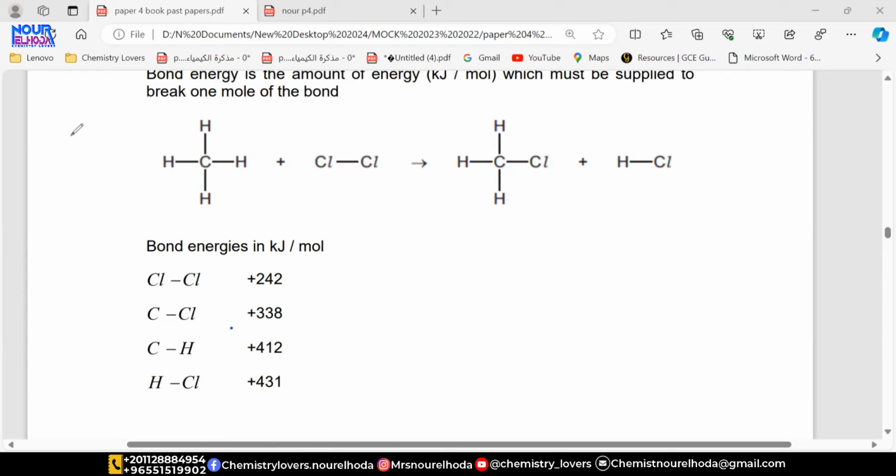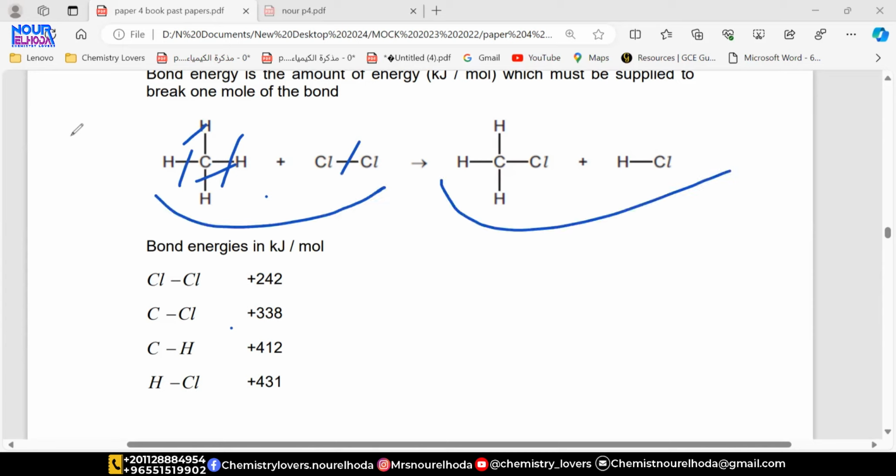Once again, how much energy is required to break the bonds of the reactants, and then how much energy is going to be released. Because usually when you break bonds, in the first part, you are taking in energy to break the bonds. And when you form new bonds, you are releasing energy.